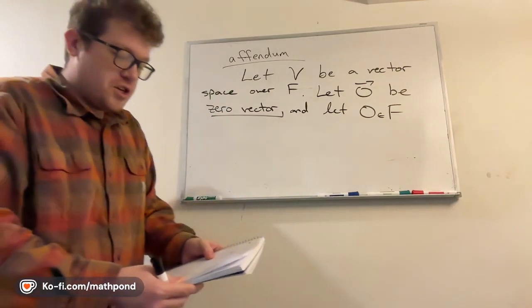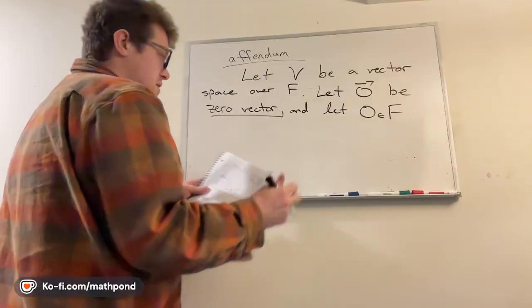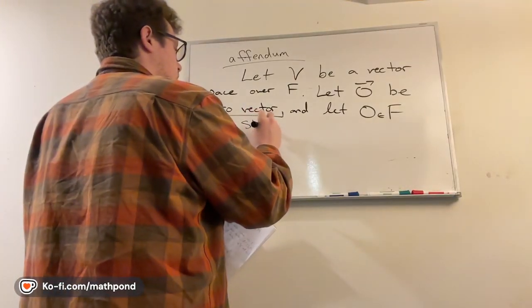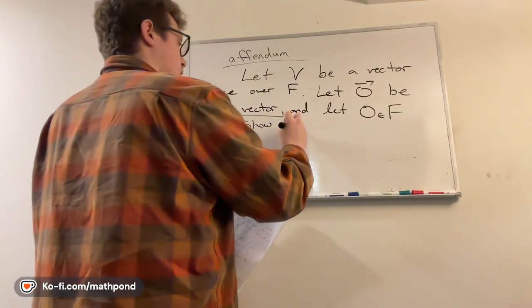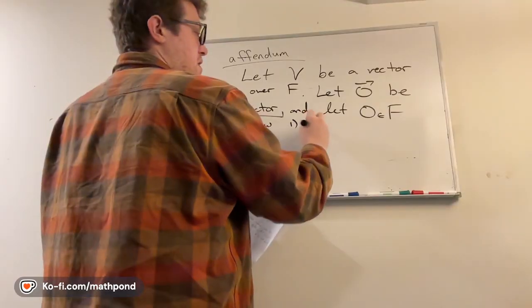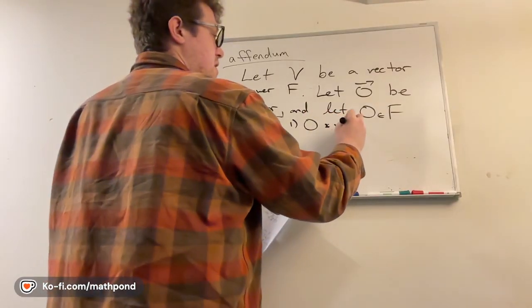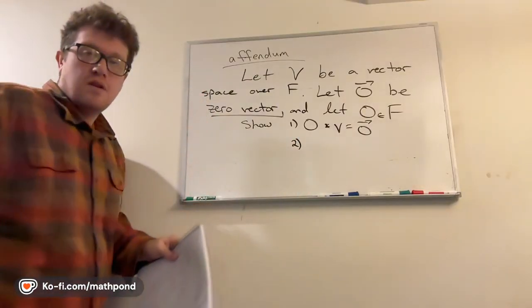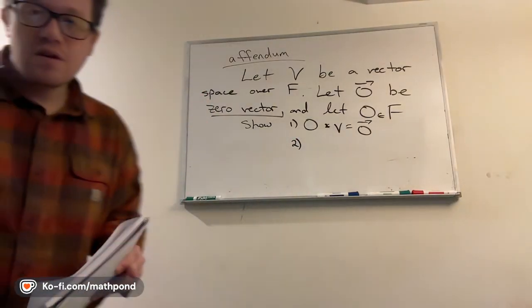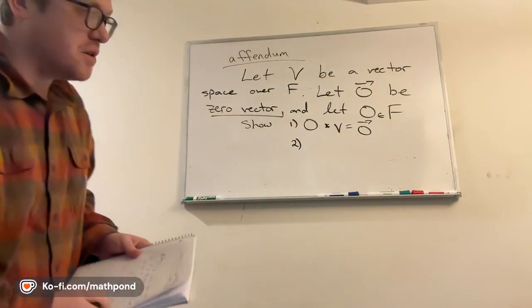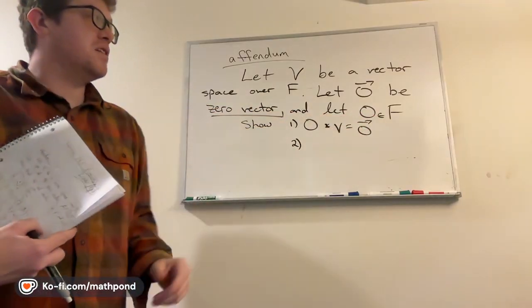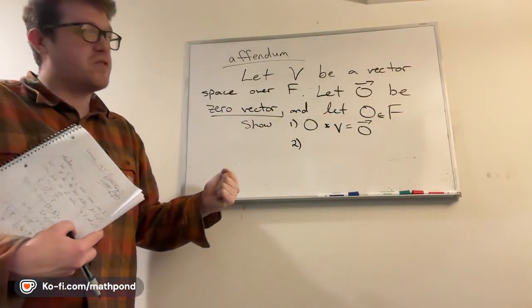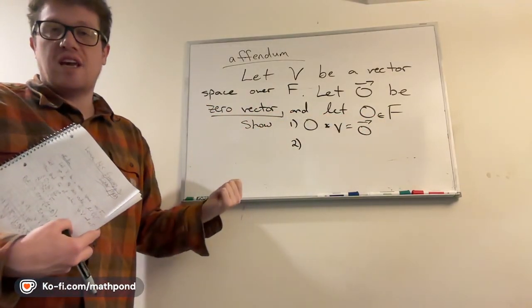So then we want to show the following 3 statements. First we want to show that 0 times any vector is the 0 vector. What's a scalar? Yeah, 0 is the scalar. Yeah, 0 is in the field. So we can scale by different numbers, right? One of the numbers we can scale by is 0.